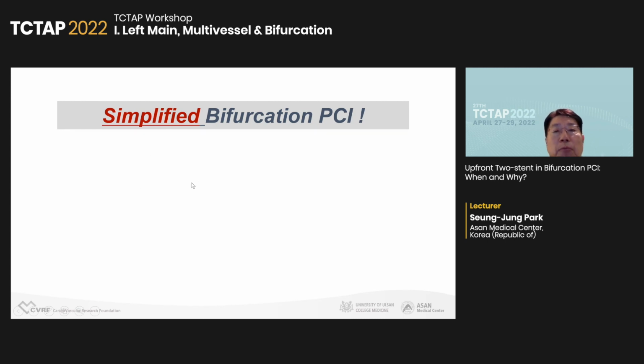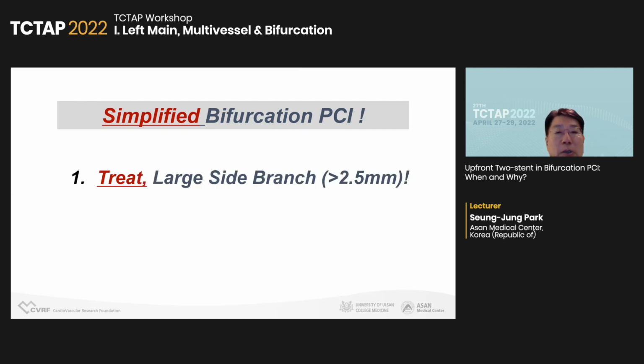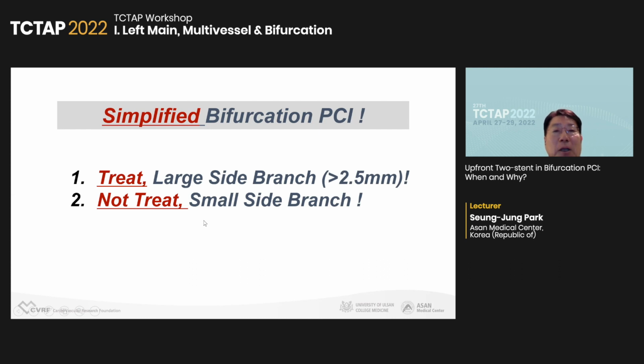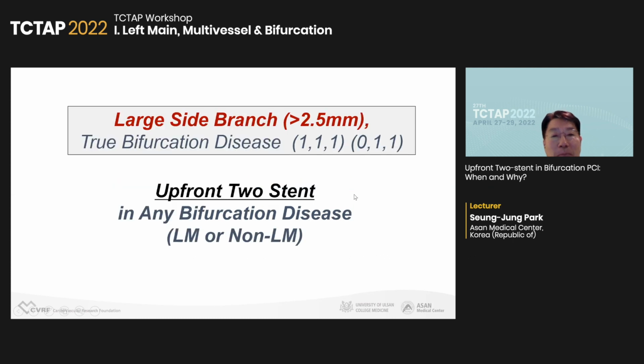All right, that's the point. I would like to simplify bifurcation PCI with that. Large side branches, more than 2.5 millimeter, there are some data, and you want to treat them. And small side branches, actually just leave them alone. We don't need to treat the small side branch. I would like to simplify any bifurcation PCI.